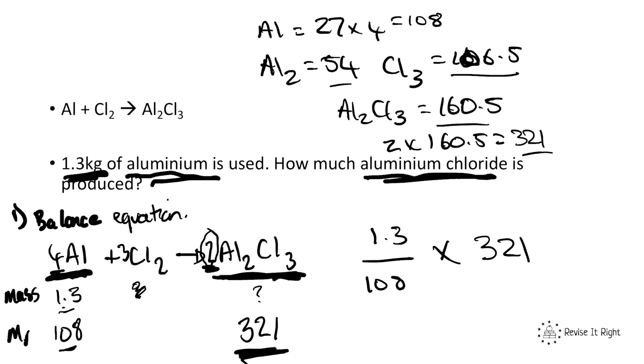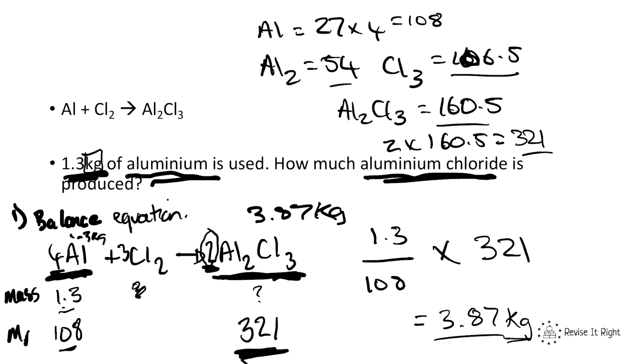So 1.3 divided by 108, then you times that number by 321 and you get 3.87 if you round it up. Now this is given to us in kilograms, therefore this will be kilograms as well. So the answer is 3.87 kilograms. So if we had 1.3 kilograms of aluminium, we could make 3.87 kilograms of aluminium chloride.